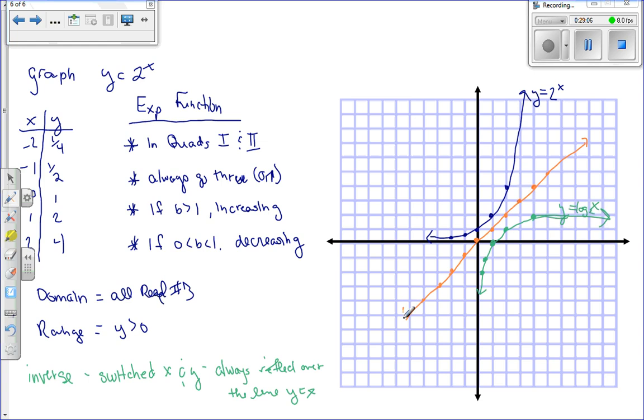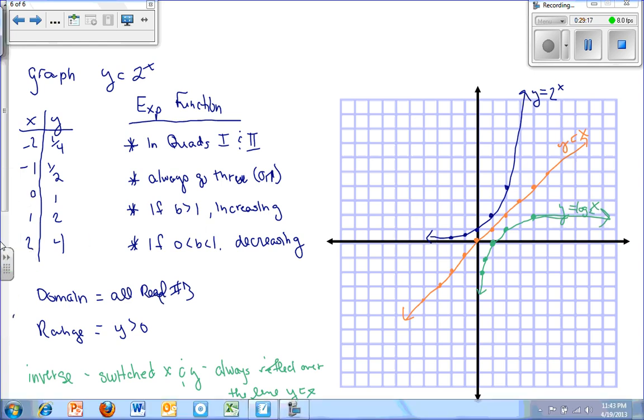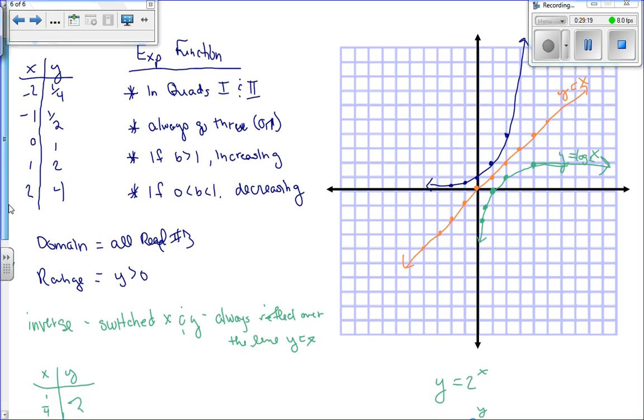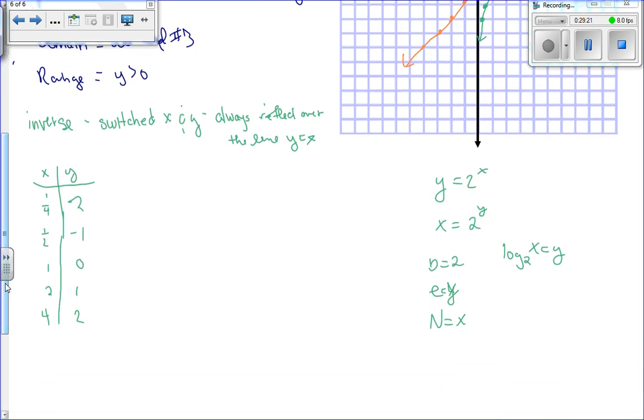And the line is y equals x. It is a reflection over that line. So there are some things we talked about with the exponential functions that we can talk about with the logarithmic function.